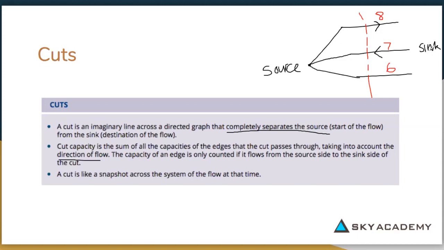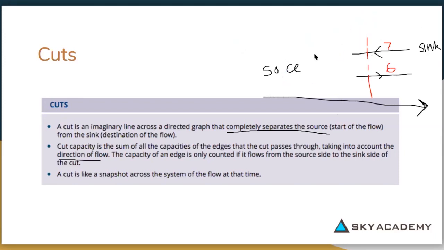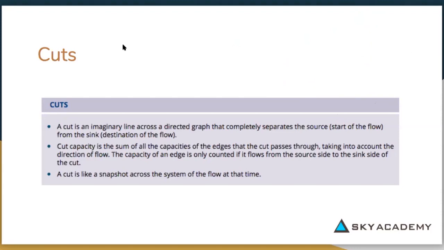It's separating the sink and the source. So we only count edges that are going in this direction towards the sink. So the cut is still valid, however, that edge is not because it is not from the source to the sink. Let's have a look at some examples on the next slide.